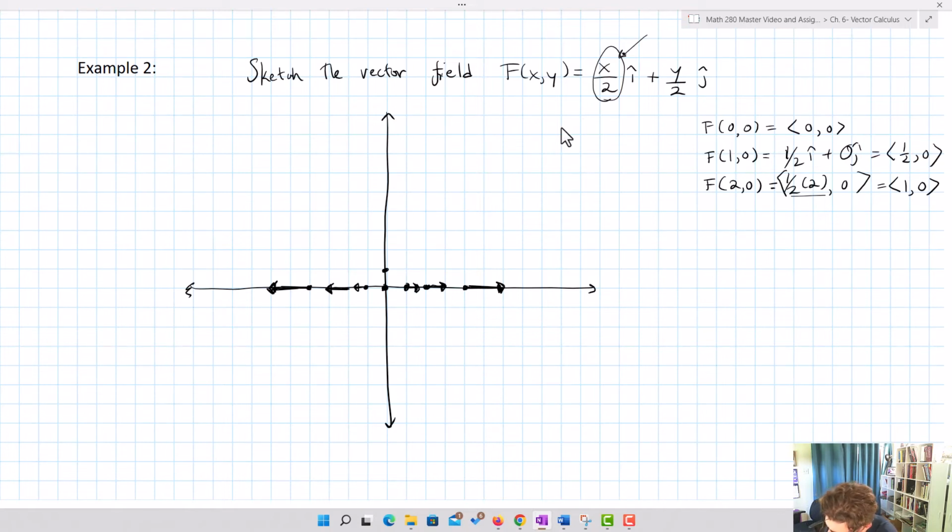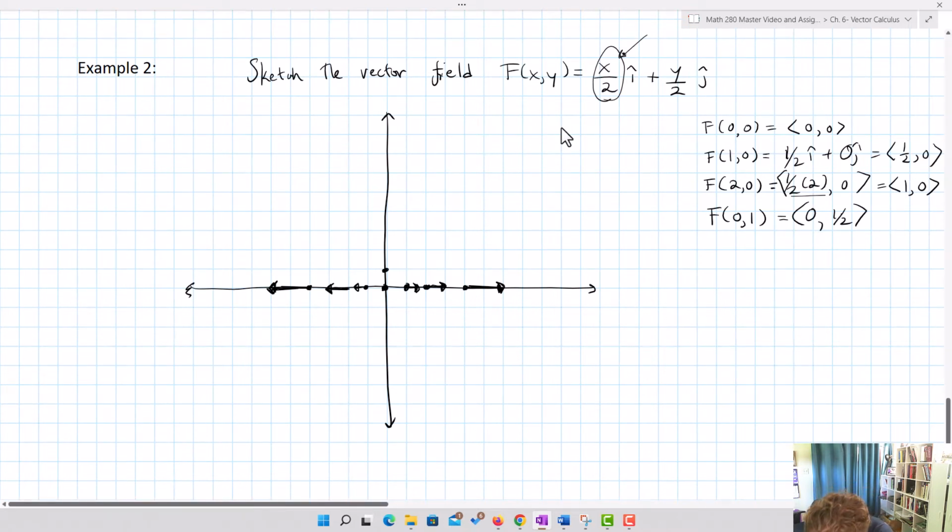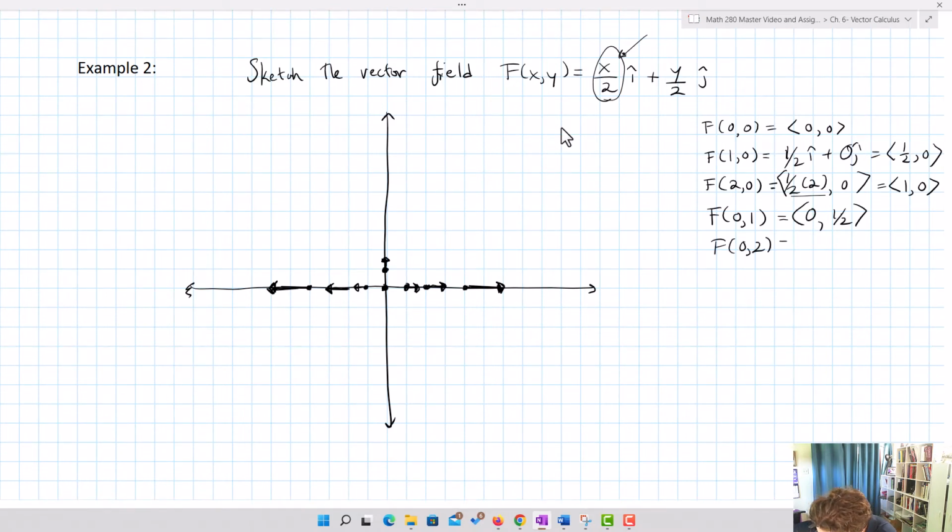Conversely, if I take f of 0, 1, now I'm on the y-axis. That's going to end up being 0 for my x values, and then I'm going to get 1/2 for my y values, so I get 0, 1/2 at 0, 1. I can imagine f of 0, 2. That's going to equal 0 for the x values, and 2 times 1/2, or 2 over 2, for the y values, so that equals 0, 1.